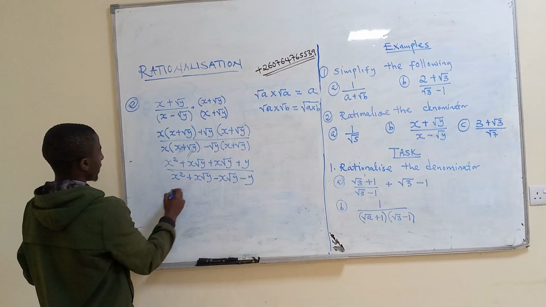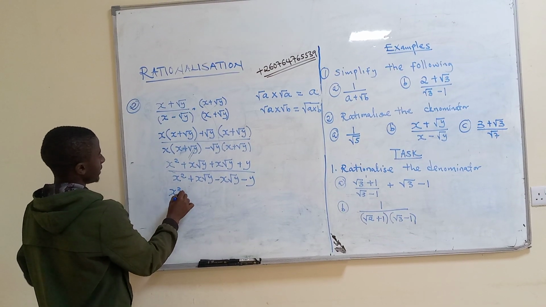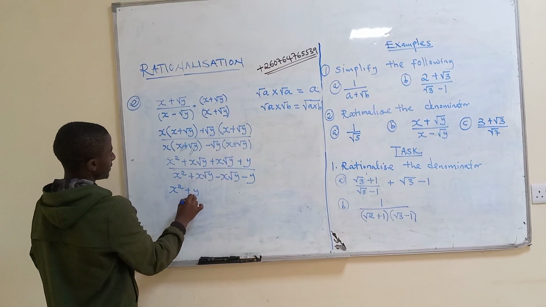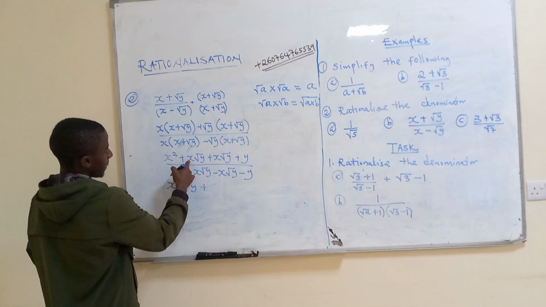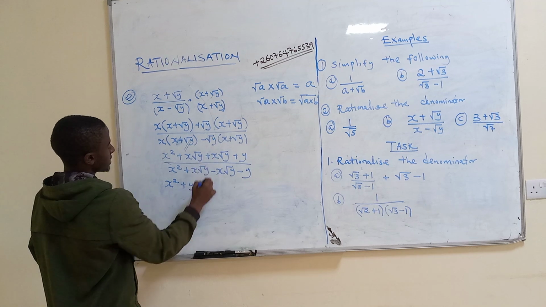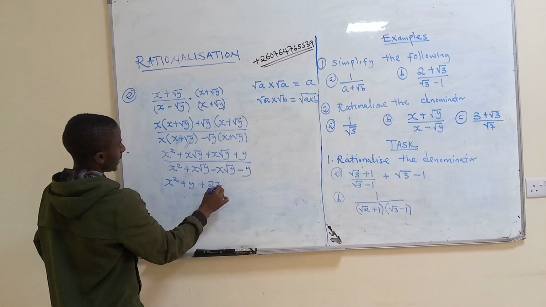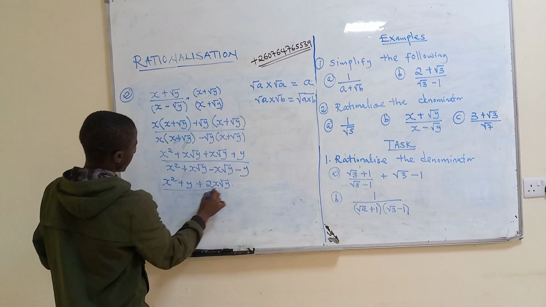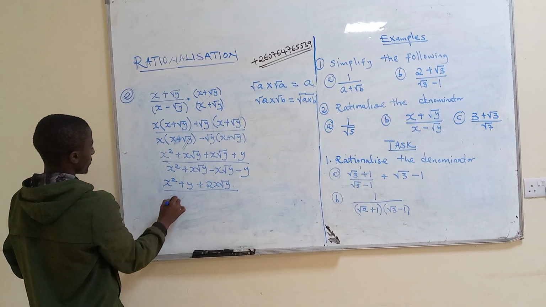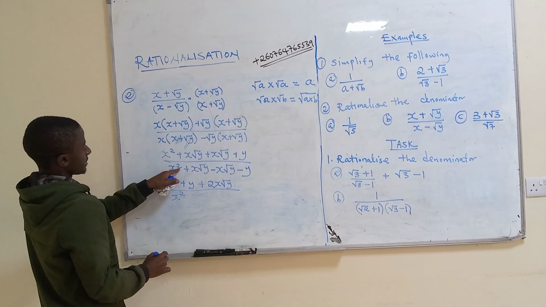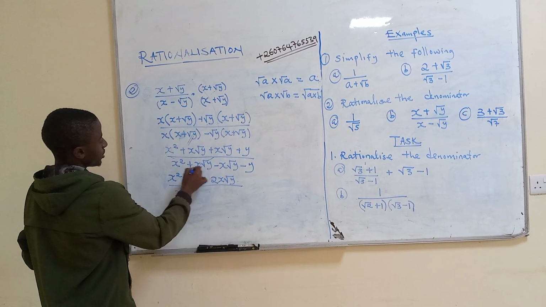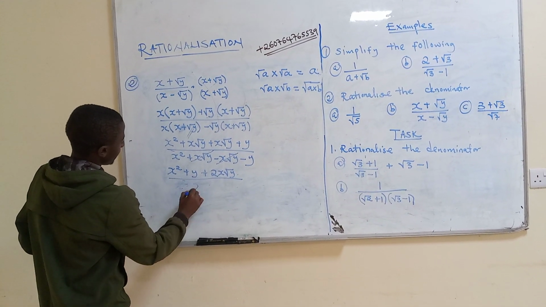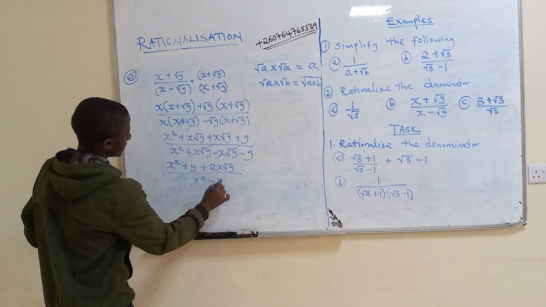When you add, you are getting x square plus y plus 2x square root of y over x square. Here they are going to cancel each other. They are going to remain with x square minus y.